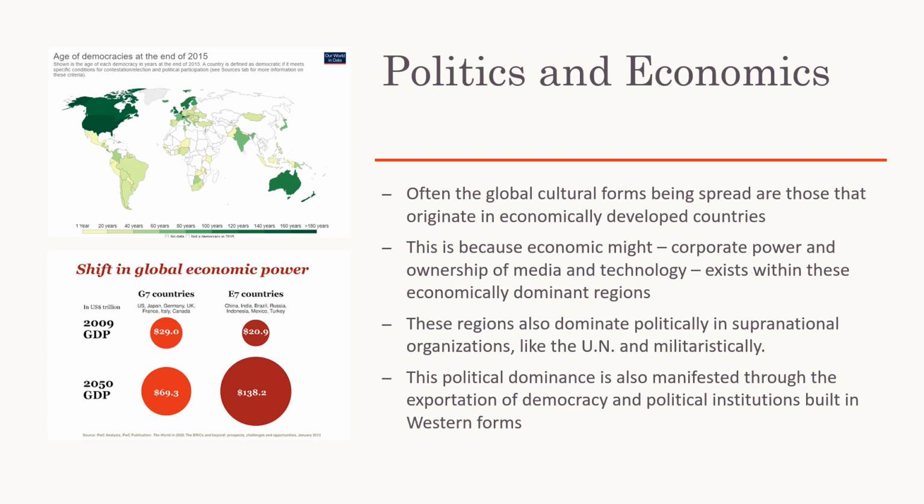And so what we oftentimes see is this attempt to export democracy and political institutions that are built on these Western forms, where it may not be suitable for the people or the regions where it is going to, because of these centrifugal forces that exist within that location. Right? There may not be enough of a shared bond or unity among a population to export democracy and political institutions in these Western forms to those regions.